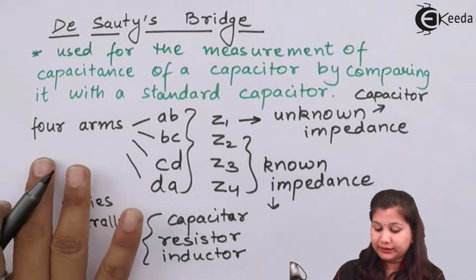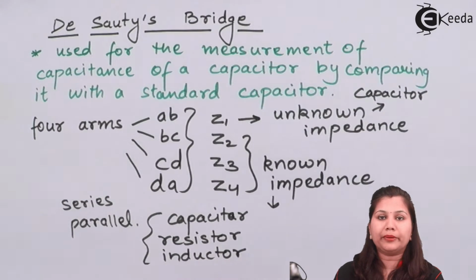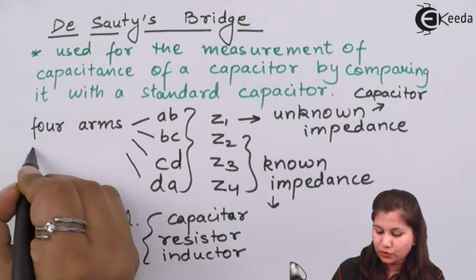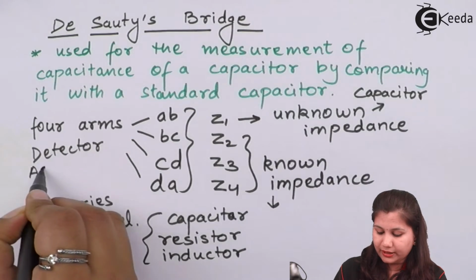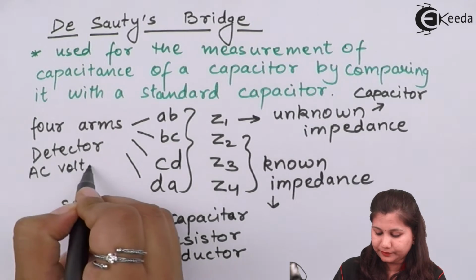Now other than these 4 arms, the bridge network will also consist of a detector and an alternating voltage source.